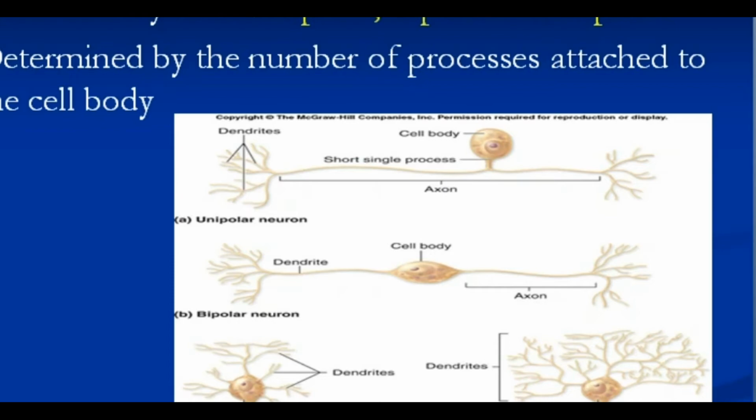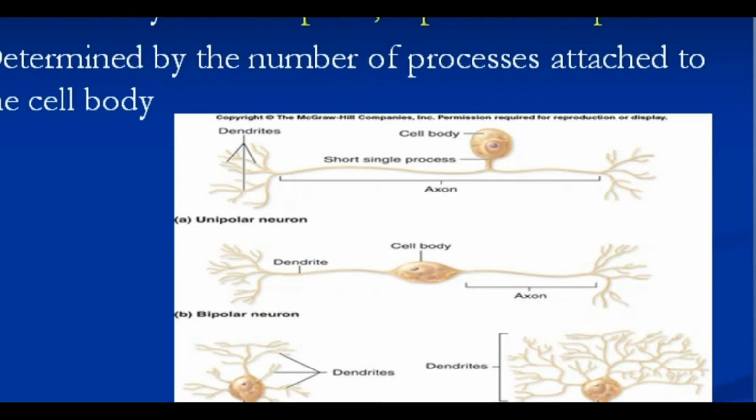Location: they are the most common neurons of the human nervous system, in the central nervous system. Perikarya of multipolar neurons compose the gray matter of the central nervous system.